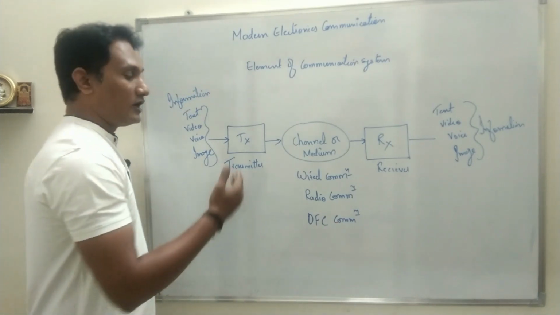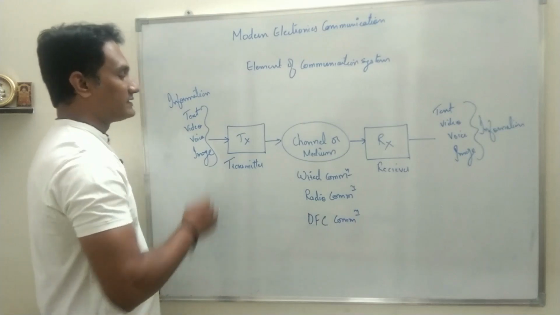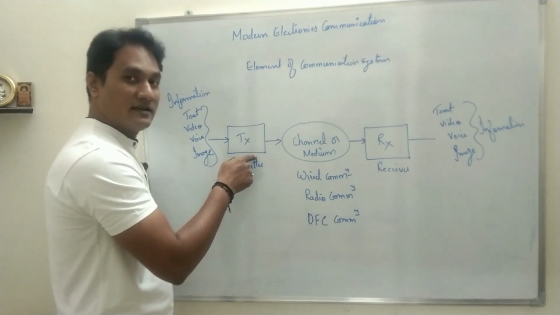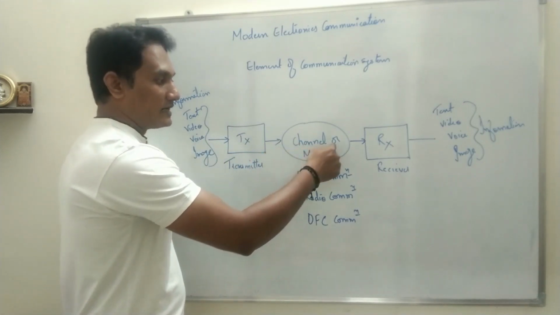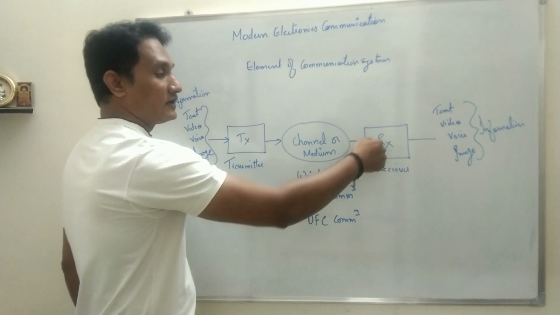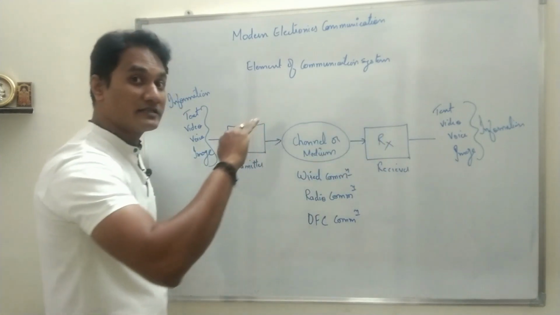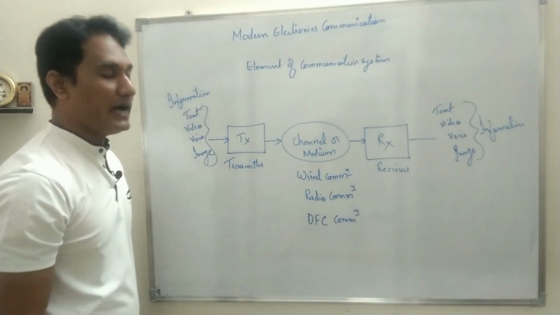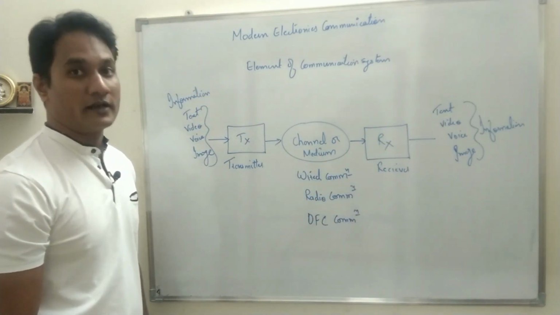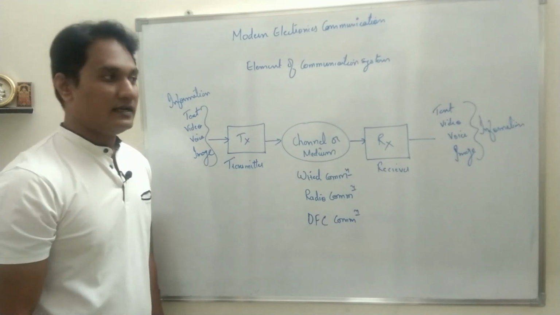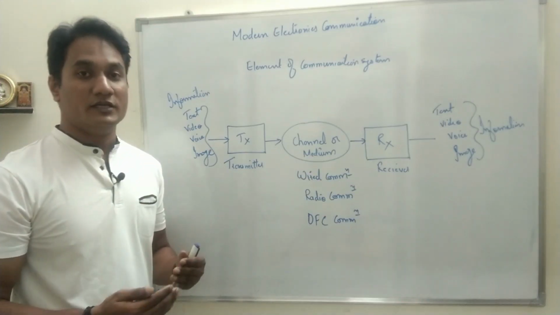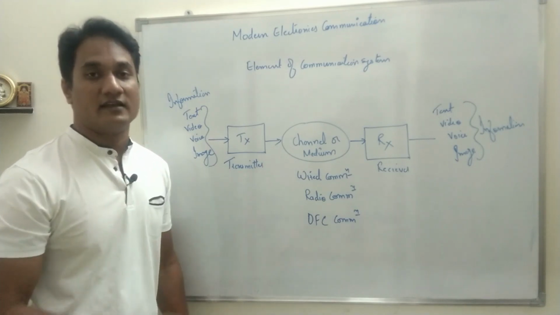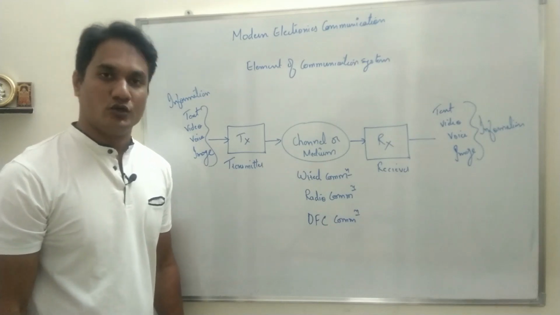If you are using optic fiber cable as the medium, all this information will be converted into light first, and then transmitted through the optic fiber cable to the receiver. The information received in the form of light by the receiver will be converted back into text, video, voice or image. So basically we select a transmitter and receiver on the basis of the channel or medium which we are going to use.